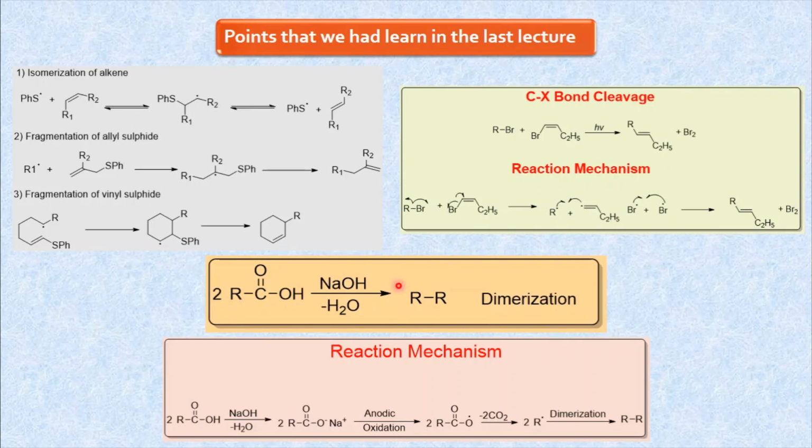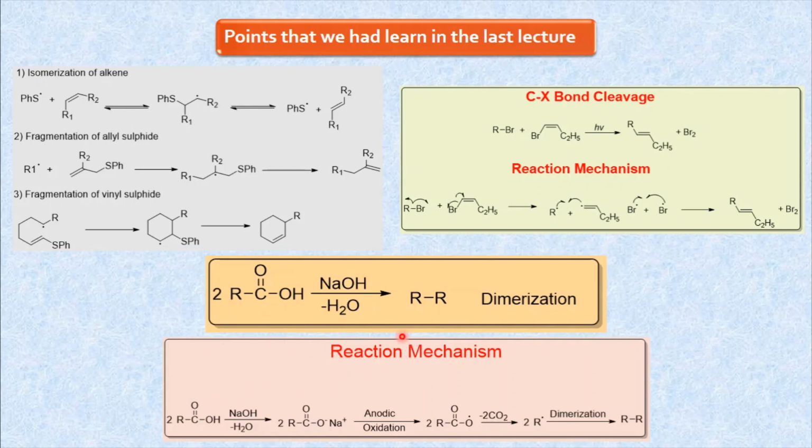Then that radical is coupled with each other and gives dimerized product. That reaction is called Kolbe electrochemical decarboxylation or Kolbe electrolysis. This reaction is also called decarboxylative dimerization, because after decarboxylation the dimerization of two alkyl radicals takes place. That's why this reaction is called decarboxylative dimerization.